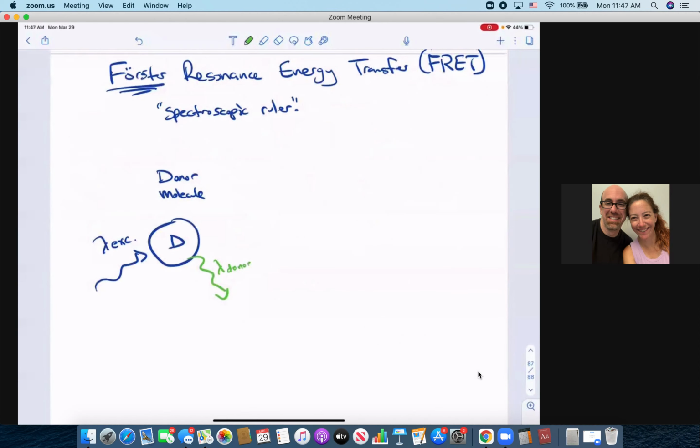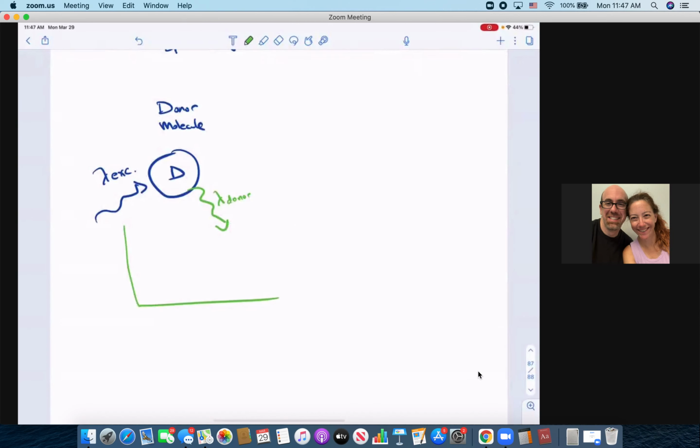So if I was plotting that, with wavelength and intensity here, it just sits there and I get fluorescence, or signal. This is my donor fluorescence. All right, and while I'm at it, I'm going to make this color-coded. Here's my donor absorption. And let's say the wavelength I'm using is right here.